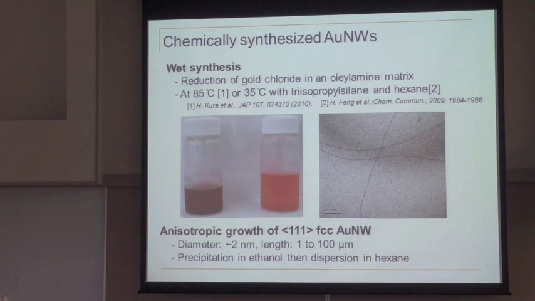The chemically synthesized gold nanowire is prepared by the wet process, where gold chloride was reduced in an oleylamine matrix at 85 or 35 degrees centigrade, according to this recipe. And we could obtain very thin and long gold nanowire with a diameter of 2 nanometers and length of from 1 to 100 micrometers.